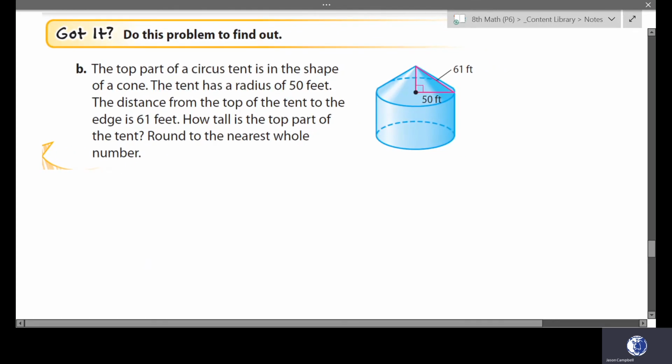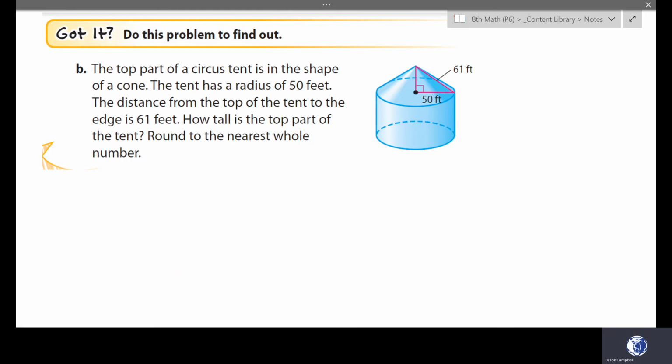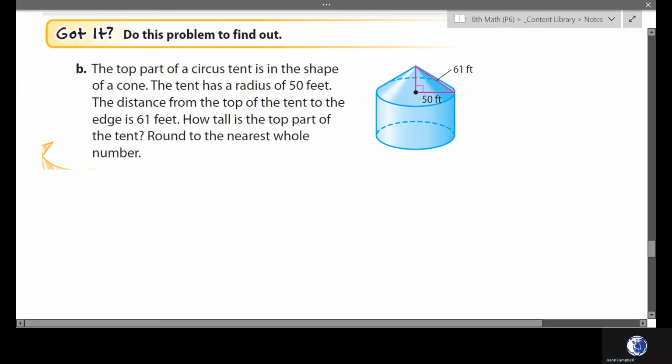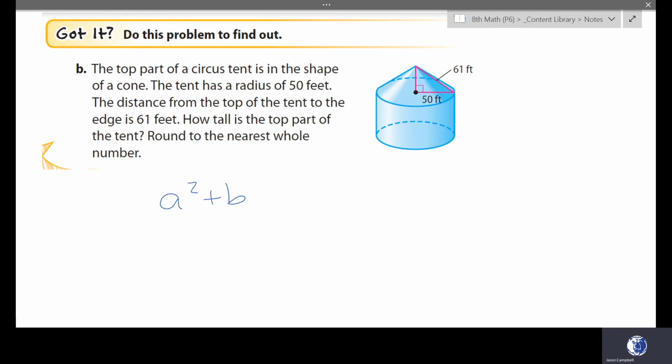Got It B says the top part of a circus tent is in the shape of a cone. The tent has a radius of 50 feet. The distance from the top of the tent to the edge is 61 feet. How tall is the top part of the tent, rounded to the nearest whole number? So on this one, we know the hypotenuse and one leg. So A squared plus B squared equals C squared.